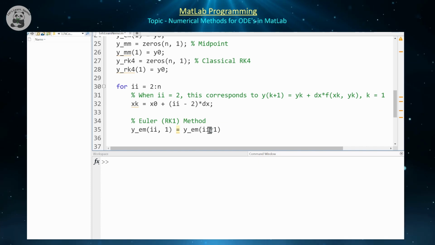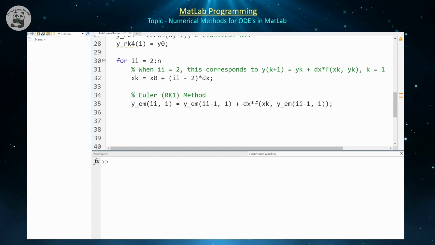We're going to reference the first element, and then this is going to be plus dx times f of xk, which is already calculated above, and then the old y value, which is YEM(II minus 1). And keep in mind we should be comma 1ing that particular implementation, and let's semicolon that to suppress that output. So that is going to be our Euler method.